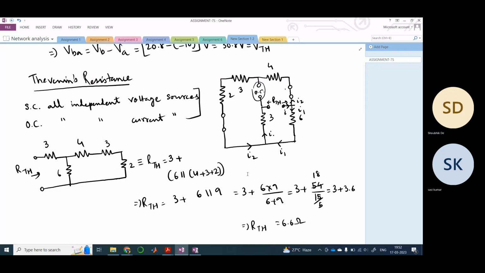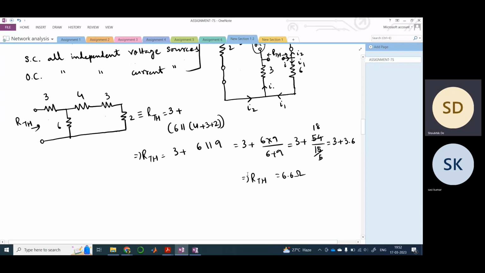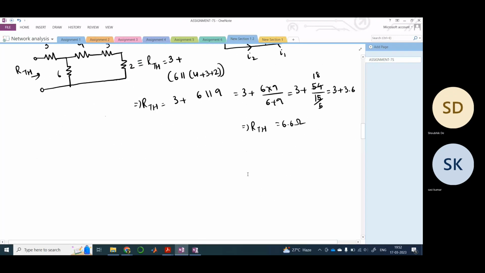Anyway, now the application becomes really easy. Once we have calculated the Thevenin resistance and Thevenin voltage, our equivalent Thevenin's circuit would be what?